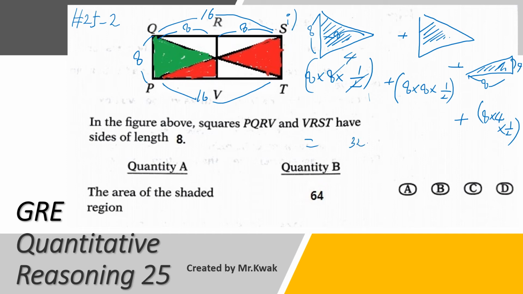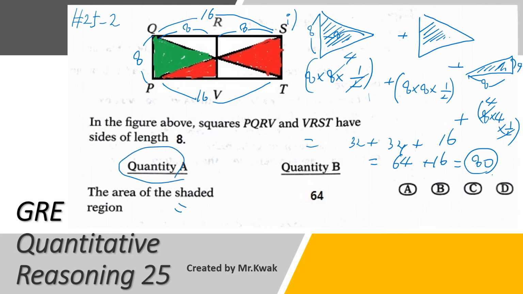In that case, 32 add 32, add 16. 64 plus 16. In that case, the result of quantity A could be 80. So A is larger than B. Is that correct?